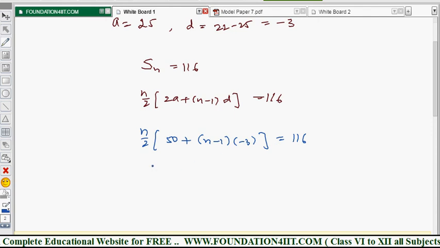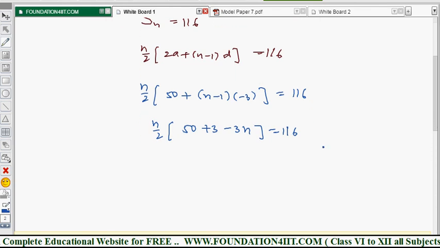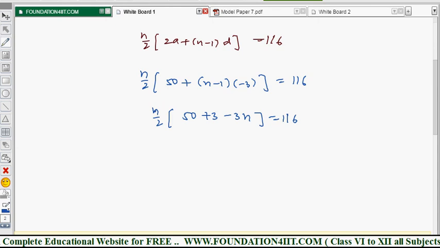Then simplify this: n by 2 into 50 plus, this is minus into minus, so plus 3 minus 3n, is equal to 116. Then simplifying this, 53: n by 2 into 53 minus 3n is equal to 116.